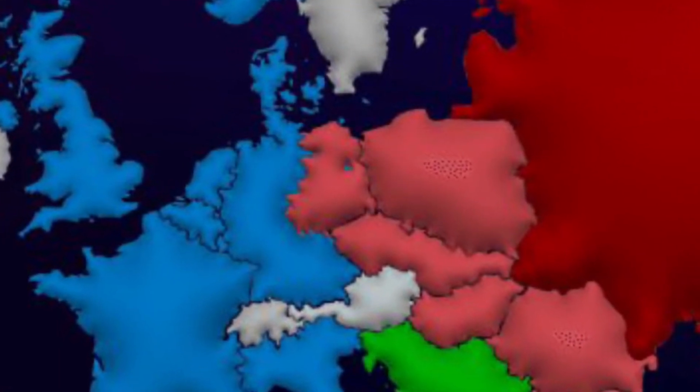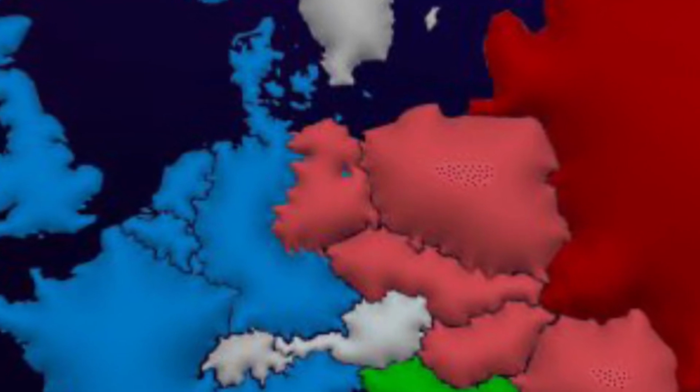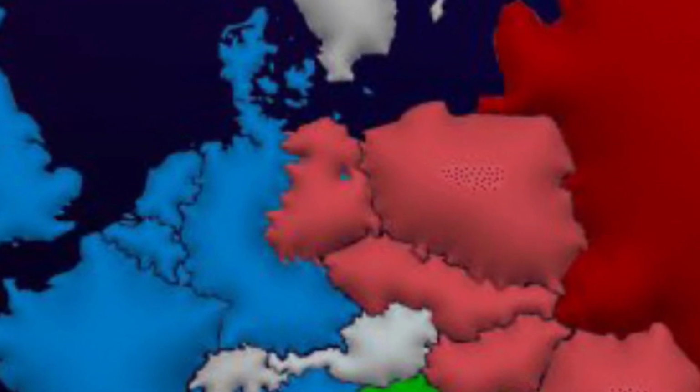The specific event that most historians attribute to the actual first real confrontation of the Cold War was what many call the Berlin airlift. In the middle of East Germany was Berlin, the former capital of the Third Reich of Nazi Germany.